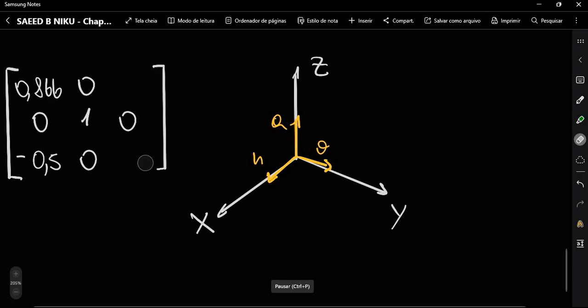Right here is the same. And adding the scale factor, okay.